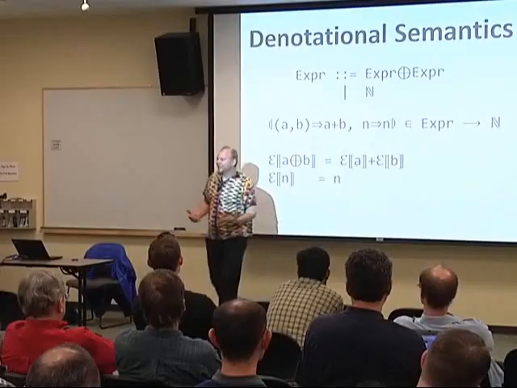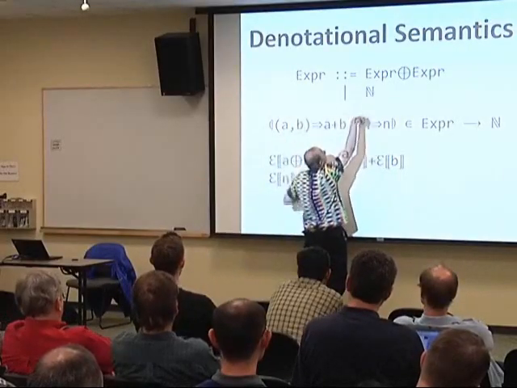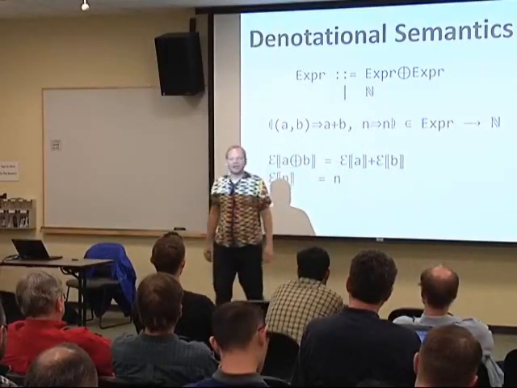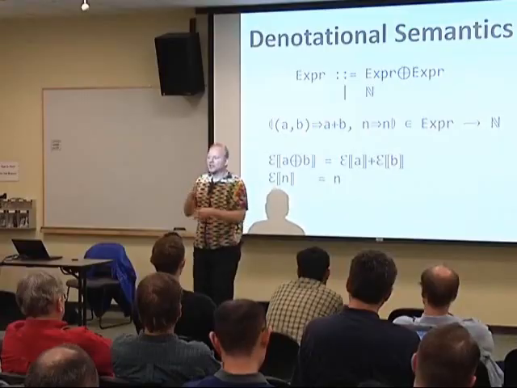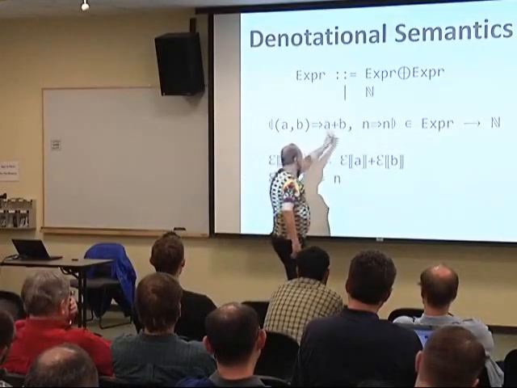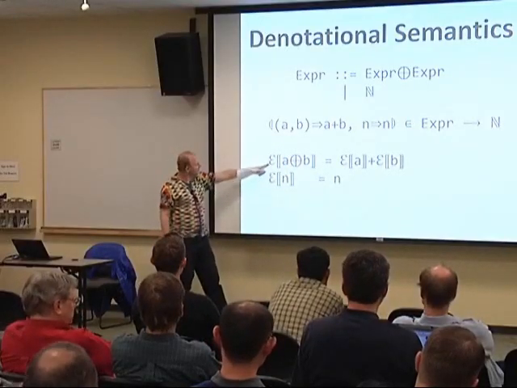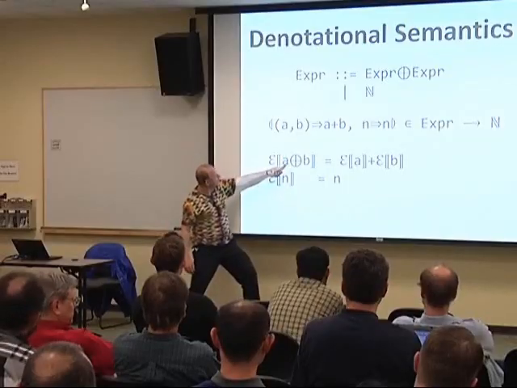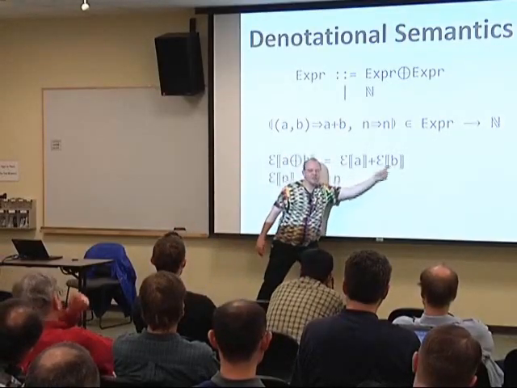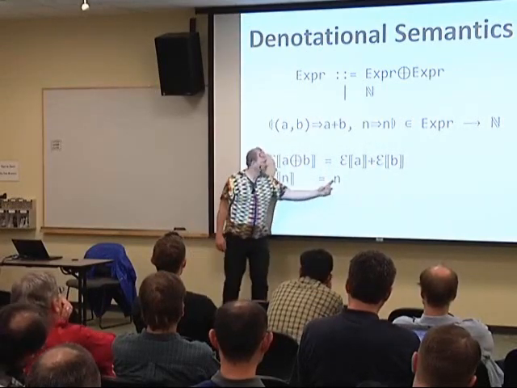Once I do that, now I can automatically generate this interpreter by recursively walking through that expression and computing the value. Okay, so I've separated out the recursive nature of the interpreter and the operations. And another way people write it is like this. So if I want to evaluate A plus B, I need to evaluate A, evaluate B, and add the result. And if I want to evaluate N, well, that's N.